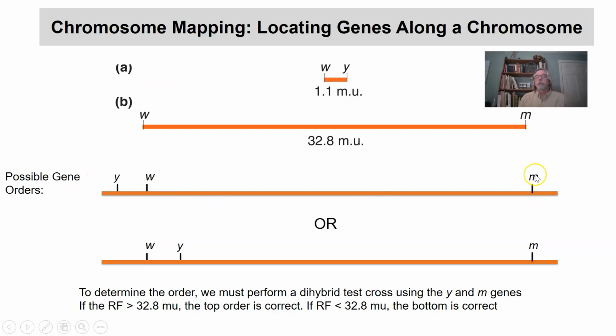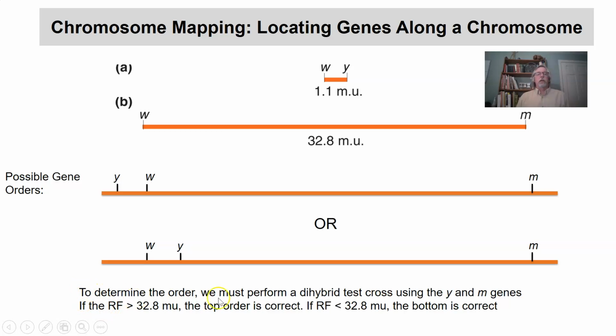If white and miniature are 32.8 map units apart, and white and yellow are 1.1 map units apart, the order could be this: yellow, then white, then miniature. Or the order could be this: white, yellow, and miniature. That preserves these two values. How do we determine which order is the correct order?